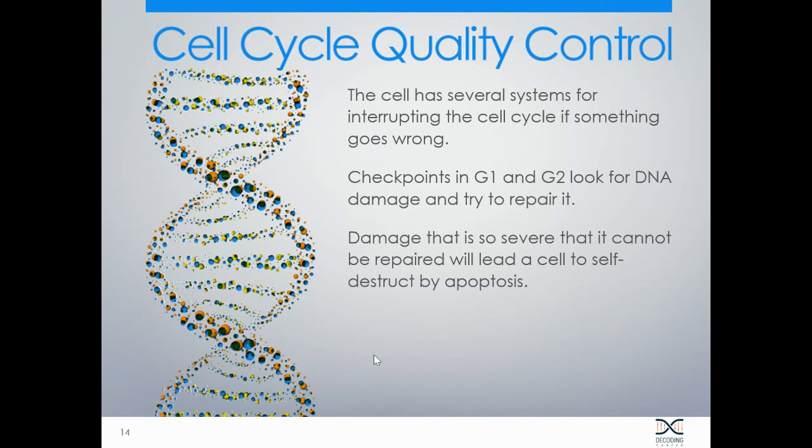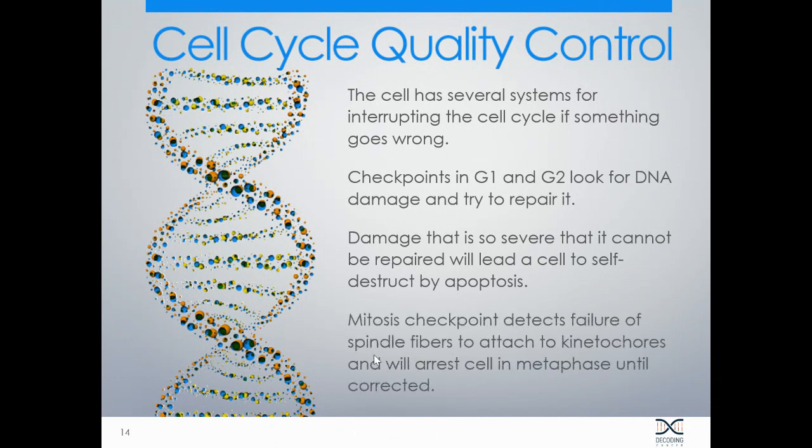In addition, there is a checkpoint during the mitosis phase that detects failure of spindle fibers to attach to the chromosomes and will arrest the cell in metaphase until it's corrected. So the cell must stay in metaphase until that error is corrected.